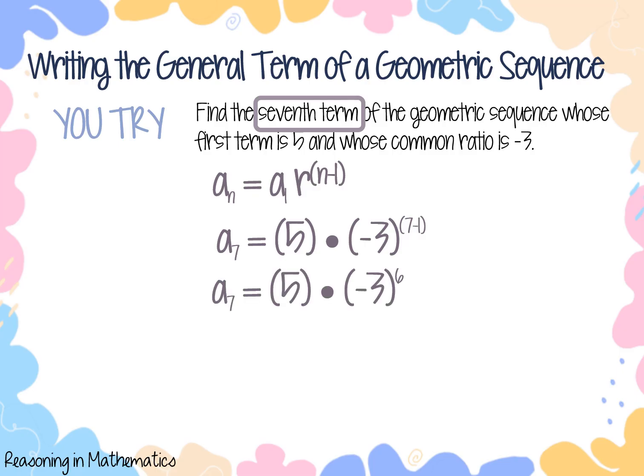So there's plugging everything in. Let's simplify. 7 minus 1 is 6. We can calculate that, or you can put that third line straight into your graphing calculator. Make sure -3 is in parentheses, and our 7th term is 3,645.